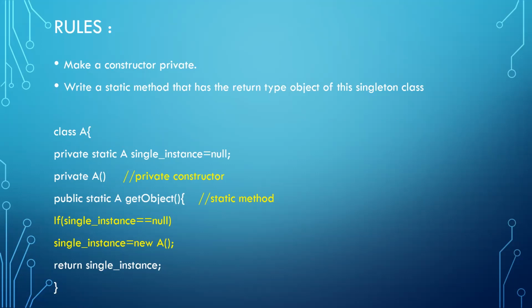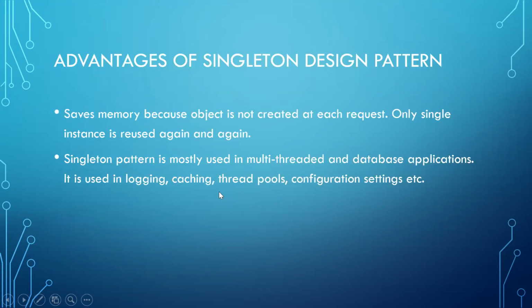The second point is to write a static method that has the return type of the object of this singleton class. It will return the object of this singleton class. These are the two rules to make a singleton class.